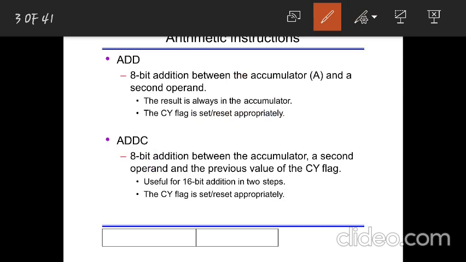If you want this ADDC carry example, I'll give you one small example for that.